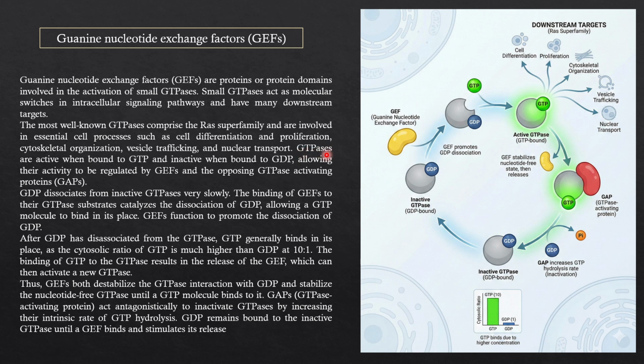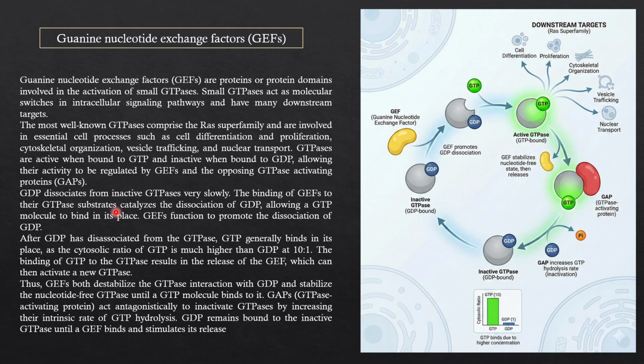GTPases are active when bound to GTP and inactive when bound to GDP. This allows their activity to be regulated by the GEFs, the guanine nucleotide exchange factors, and the opposing GTPase activating proteins, or GAPs.